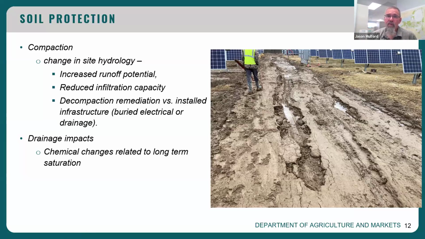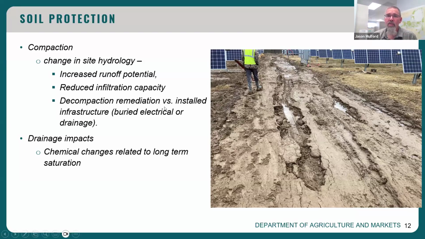Decompaction in the facility is near impossible, especially considering the type of equipment required. Could it hit the infrastructure installed? But it has happened.